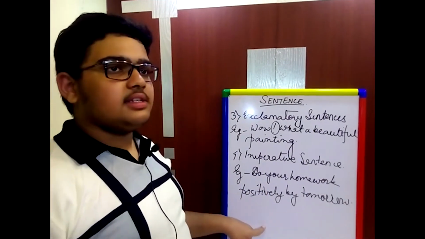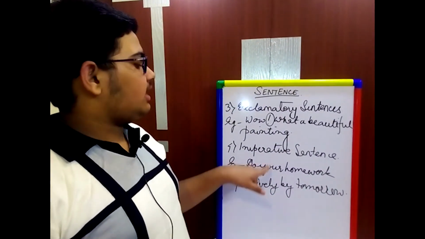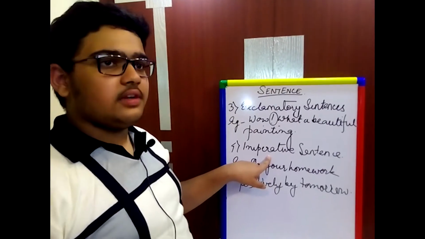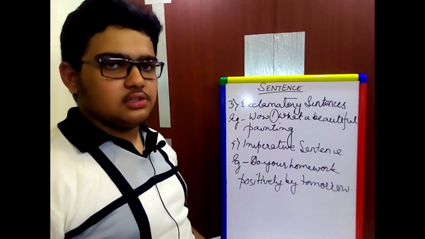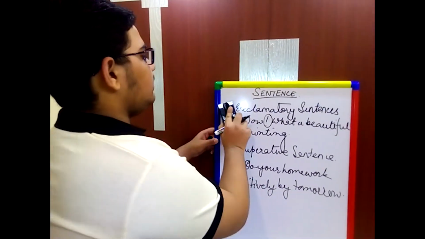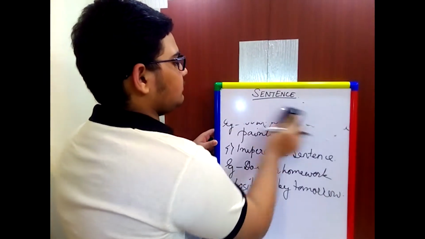So we consider it as an imperative sentence, and imperative sentence, like the assertive or declarative sentence, ends with a full stop. Now we come to the further classification of these types of sentences.